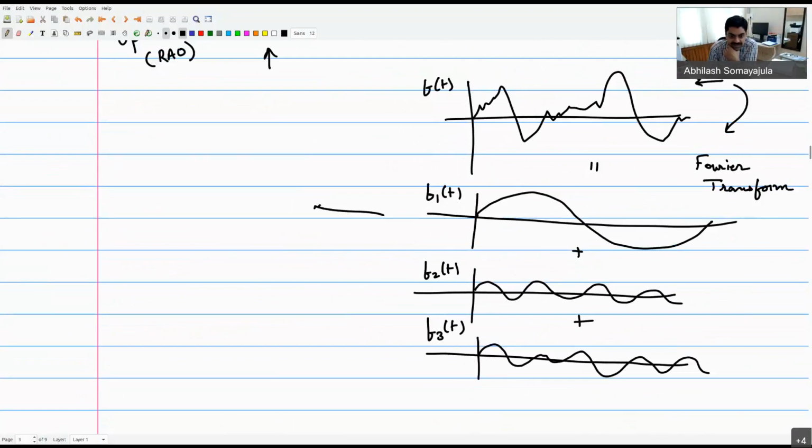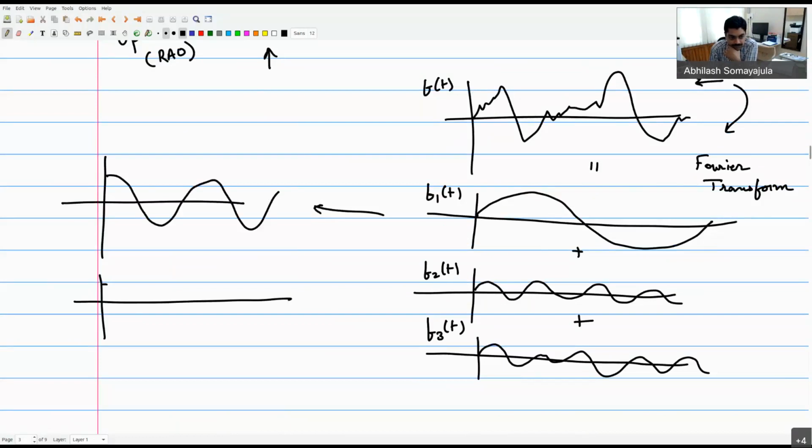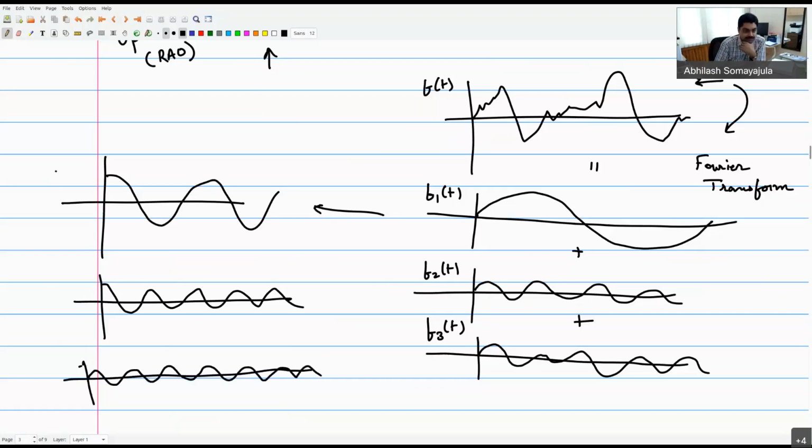Now, for each of these, I can compute what the response looks like, let's say. Okay, so I'll call these zeta 1 of t, zeta 2 of t, zeta 3 of t.